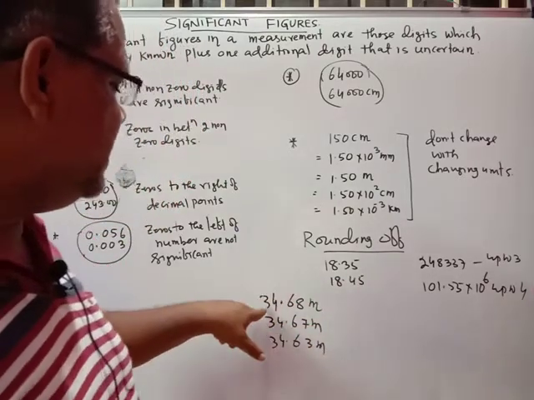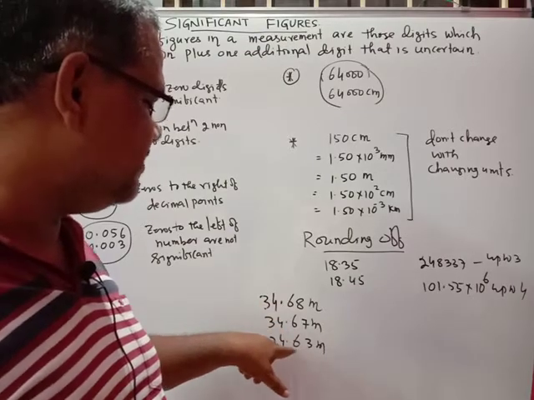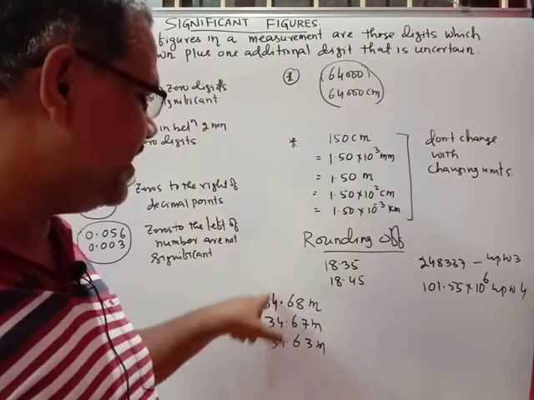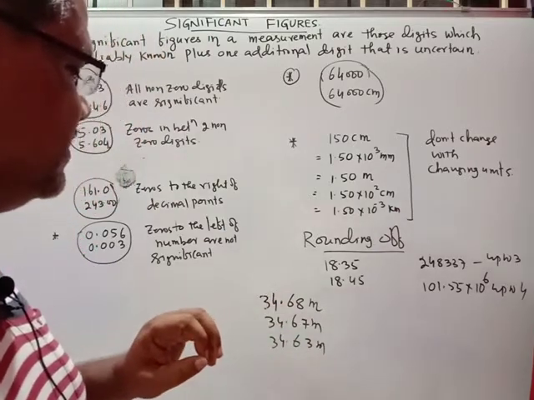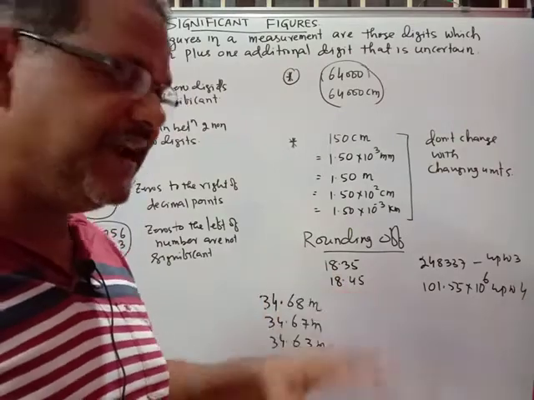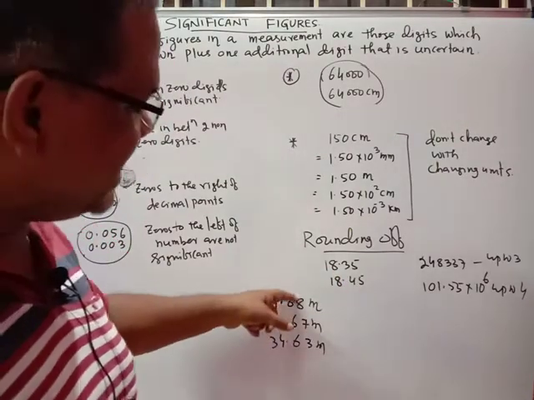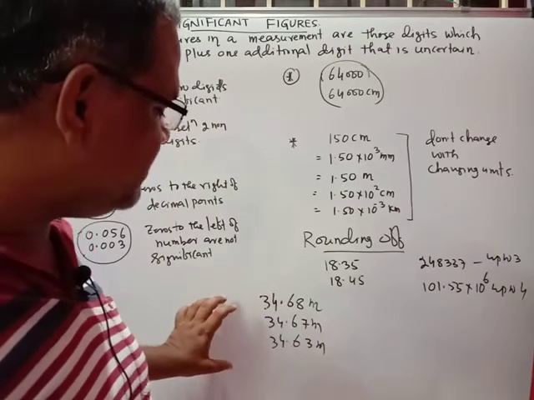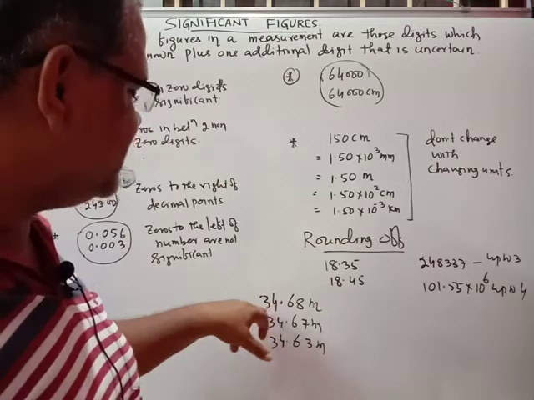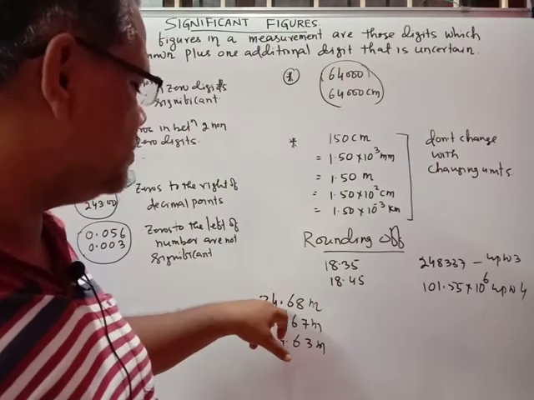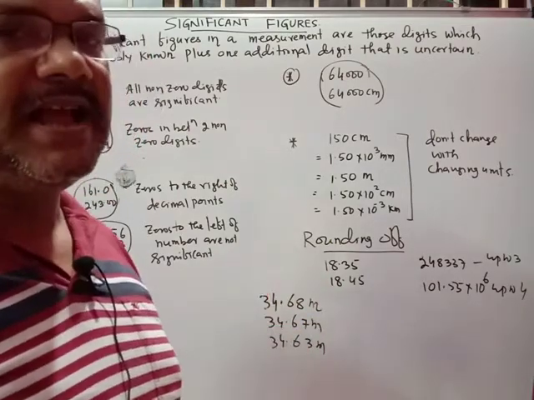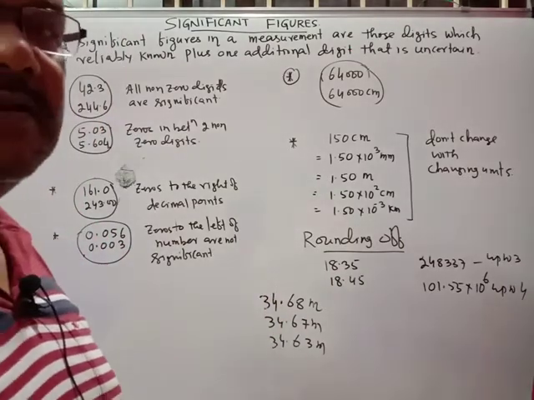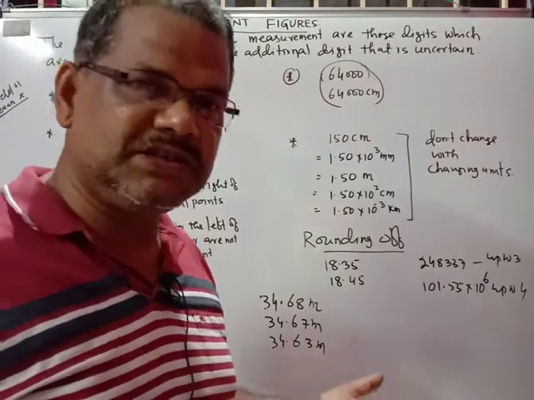But you will get certain digits: during the measurement it will be 34.6, 34.6, 34.6. These digits have surety in the measurement, while the last digit may vary, and this last digit is called the uncertain digit. So what are the significant figures in this measurement? You find all the digits 3, 4, 6, 8 have importance in the measurement, so all these digits are known as significant figures.